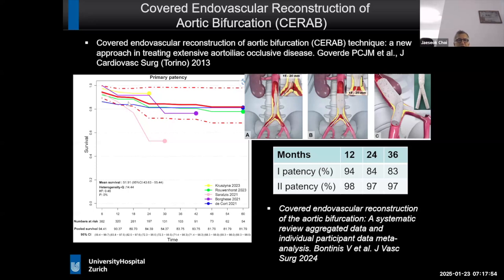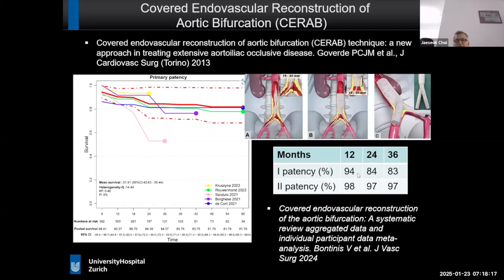And you can see here a summary, a review analysis of all those studies. It was published last year. Primary patency rate is about 5 to 10% better than with just bare kissing stenting.